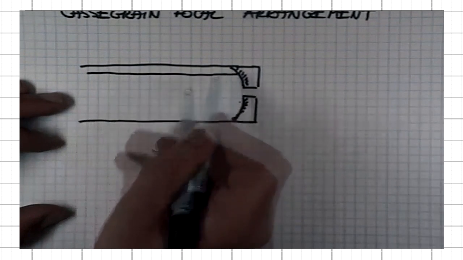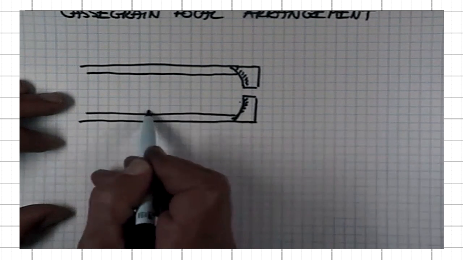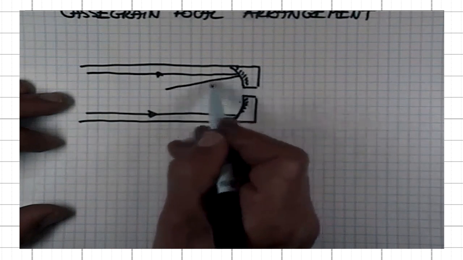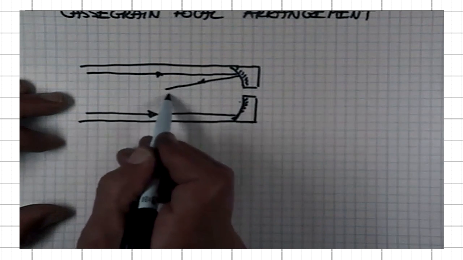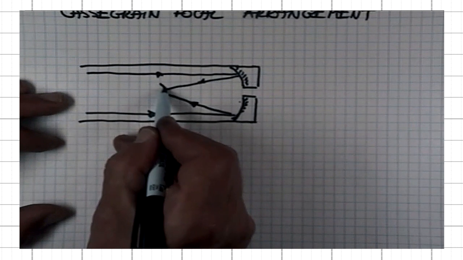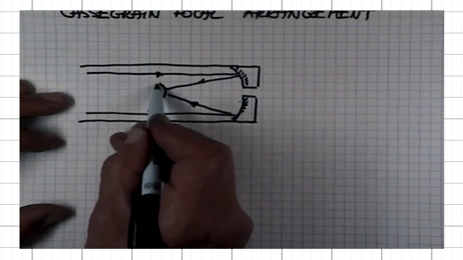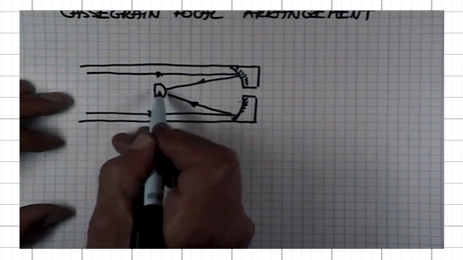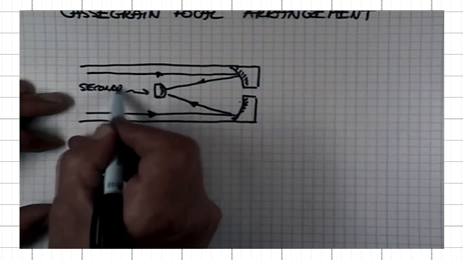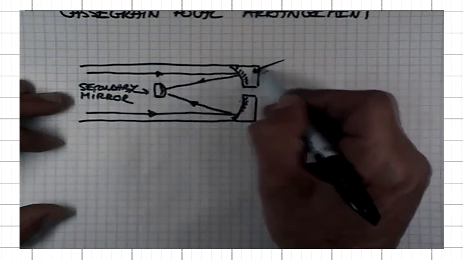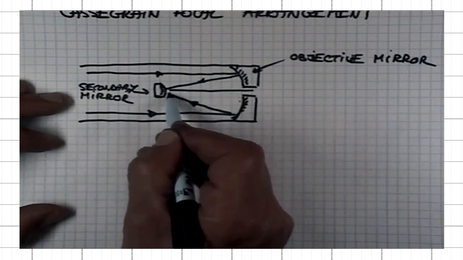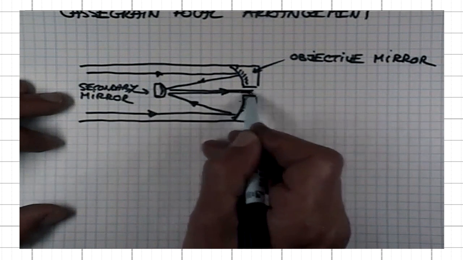So again, the light rays coming from a distant star, say, are redirected towards the focal point. But now we use a concave secondary mirror, and this of course is the objective mirror, to redirect the light out.